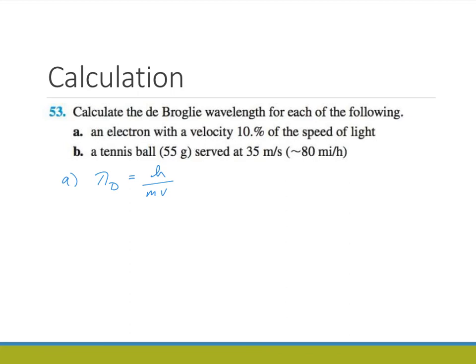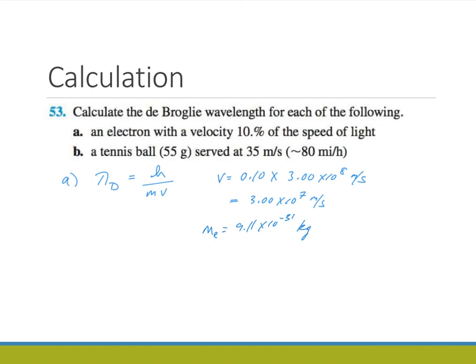So velocity is equal to 0.10 times 3.00 times 10 to the 8th meters per second. So our velocity here is actually 3.00 times 10 to the 7th meters per second. And the mass of the electron is 9.11 times 10 to the minus 31 kilograms. That is a constant that can be found in your book.